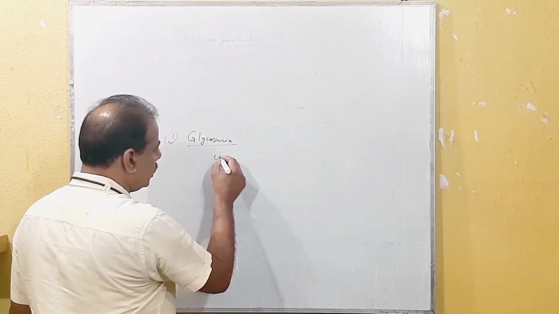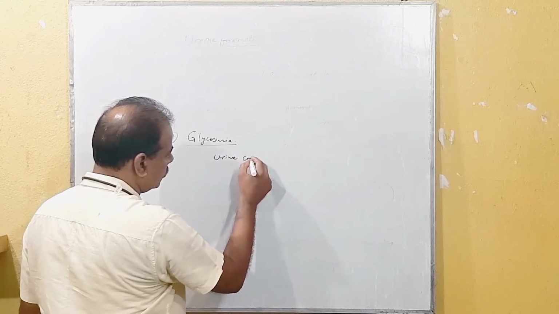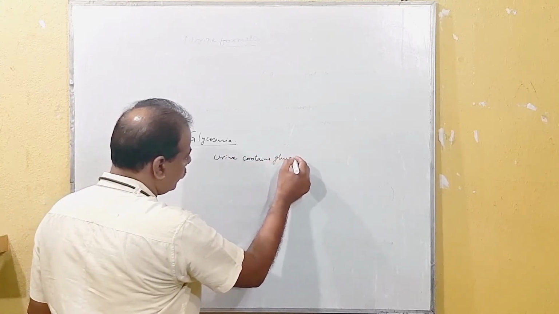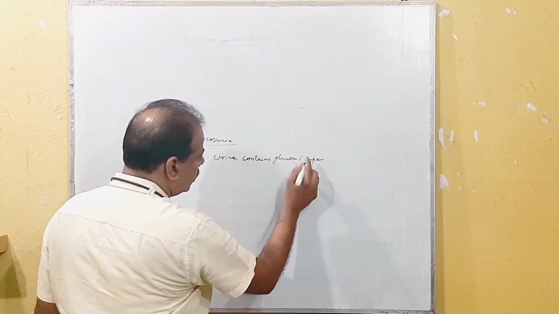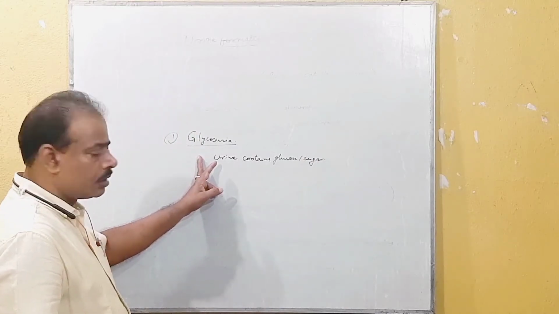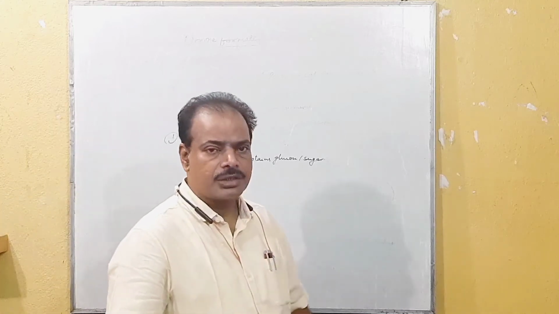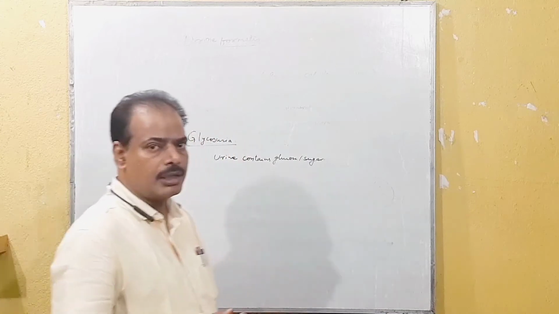So if urine contains glucose or sugar, then it is known as glycosuria. It takes place in patients who are suffering with diabetes mellitus.